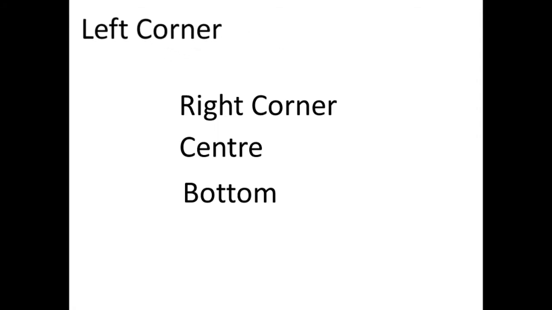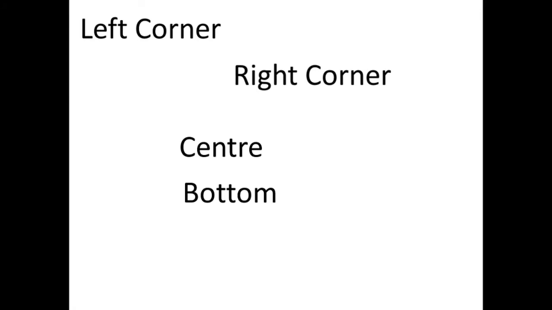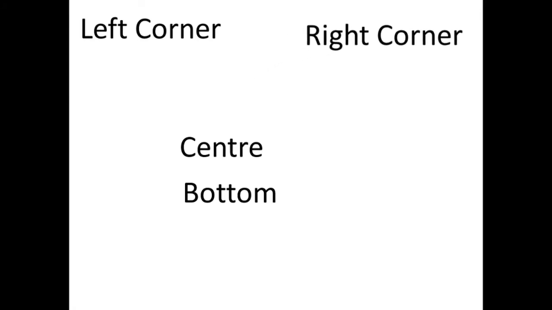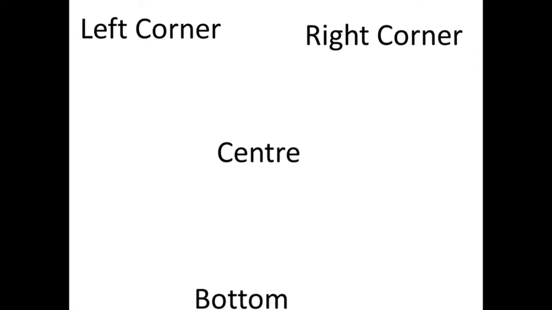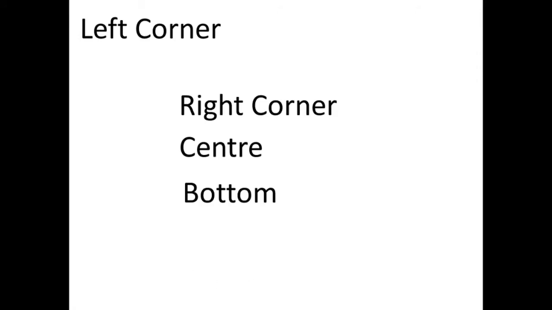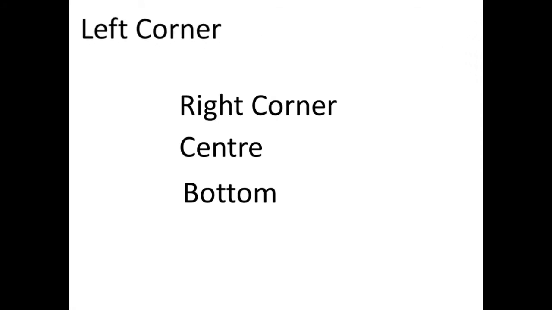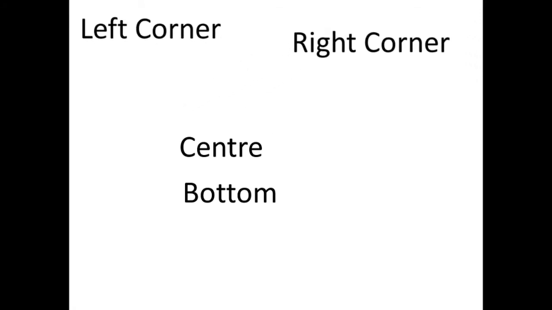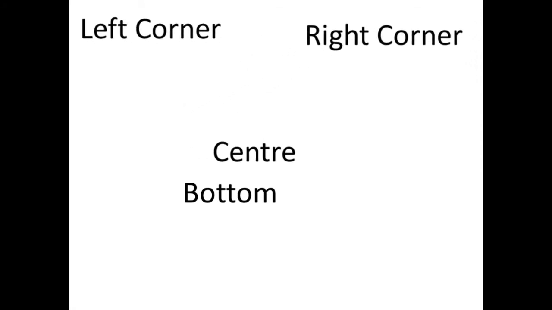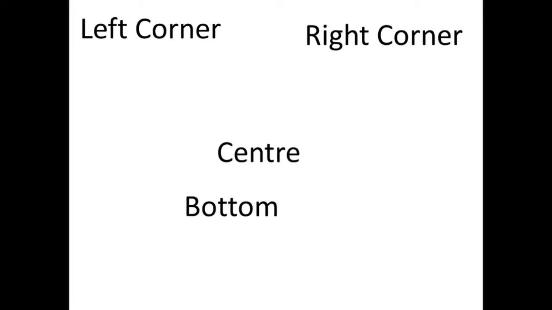Yeah, this is the left corner, so my text is going to the left corner, and this is the right corner, and this is the center and this is the bottom. Wow. So what is happening here? The text is appearing on your screen and it is changing its position. It is moving. It is changing its position on click according to your need. So at center, at left corner, at right corner, wherever. So how to do this?